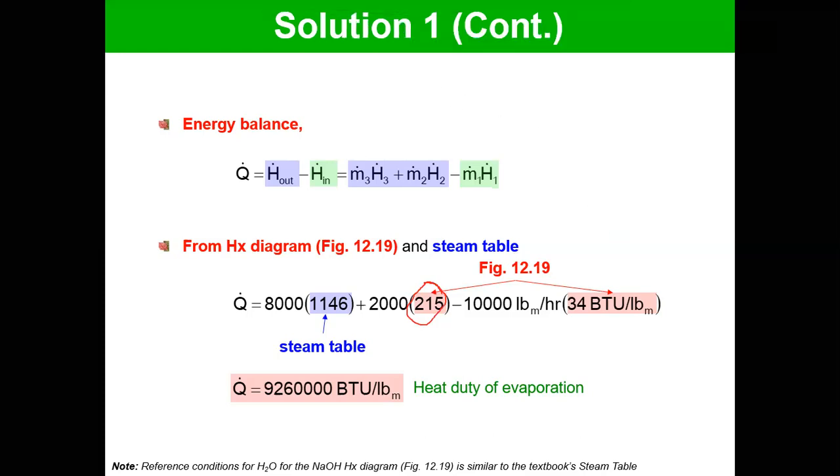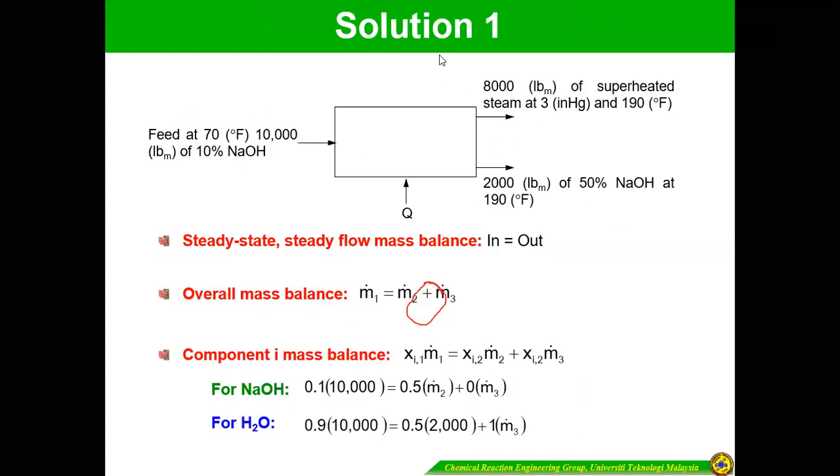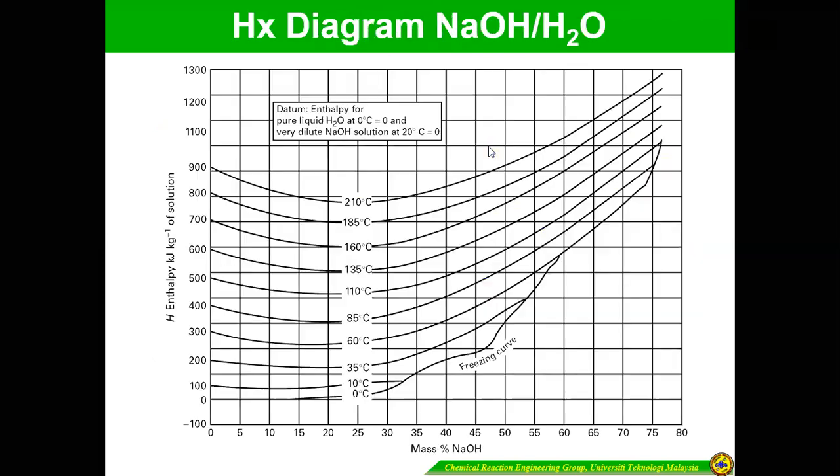If you look at here, M2H2, this one is 50% and this one is 190, I think it's around 88 degrees. So if you look at the diagram for the NaOH, 50%, and then I think it's around here.